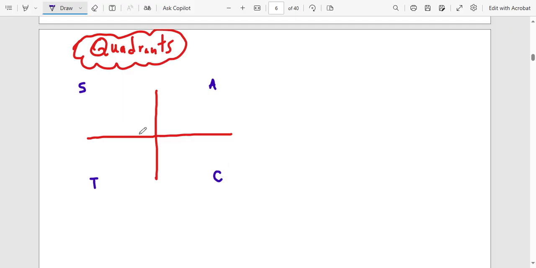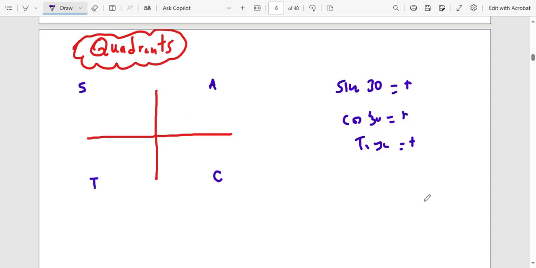This means that in the first quadrant, all angles are positive, whether we're talking about sin, tan, or cos. The angles in the first quadrant are acute. So sine 30 is going to be positive, cos 30 is going to be positive, and tan 30 is also going to be positive.